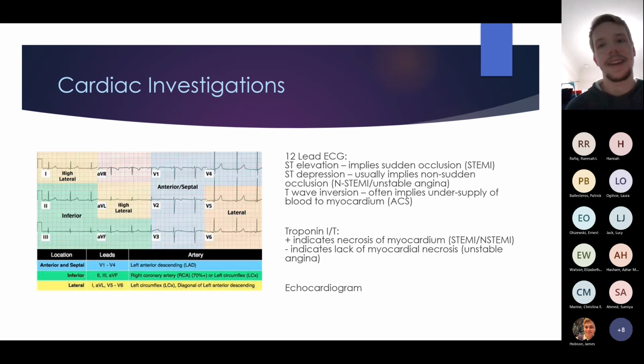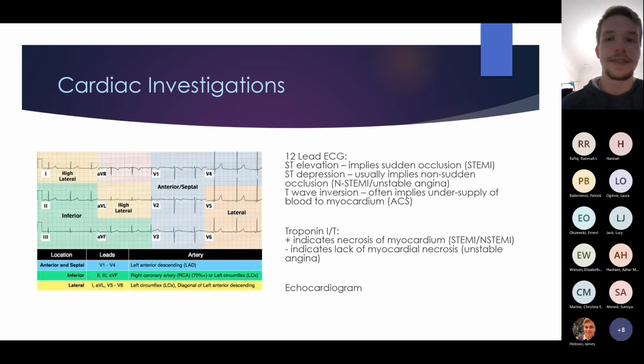If there's an ST elevation, that implies a sudden occlusion of one of your coronary arteries, which you'd get in a STEMI. And an ST depression normally implies more of a non-sudden occlusion, such as in a non-STEMI or unstable angina. But again, it can mean other things.